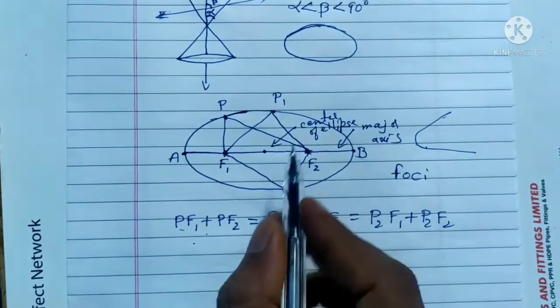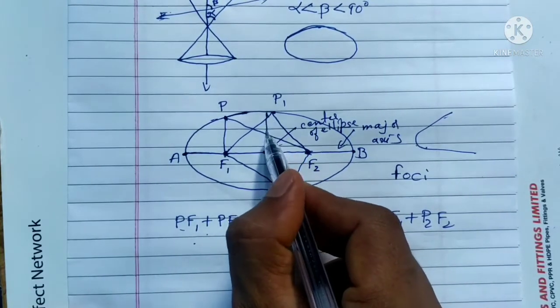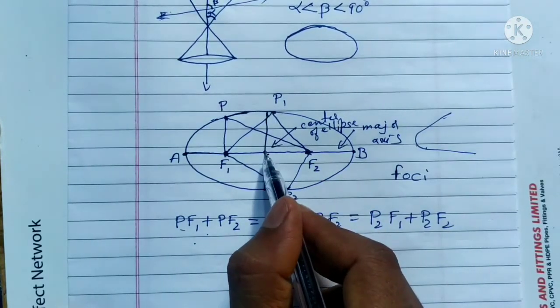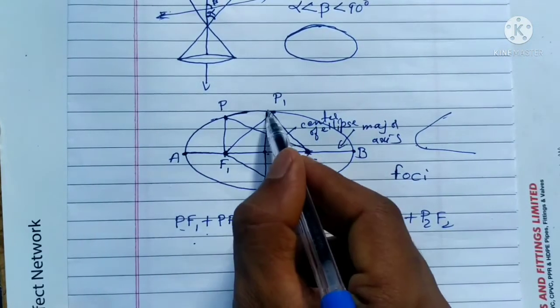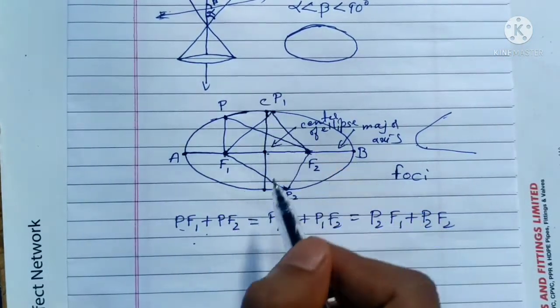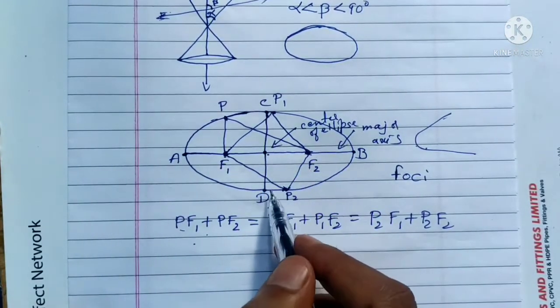A line through the center perpendicular to the major axis is called the minor axis. This line passes through the center, is perpendicular to the major axis, and its end points lie on the ellipse. If I consider it as CD, then CD is the minor axis.